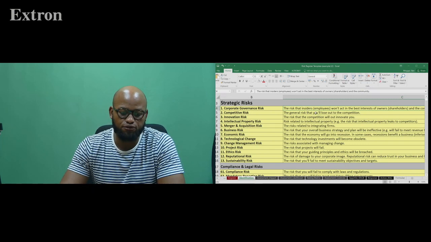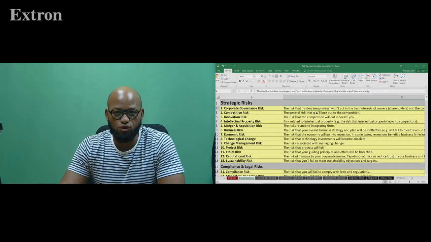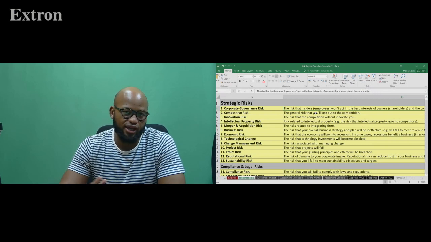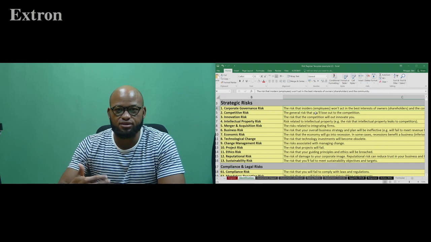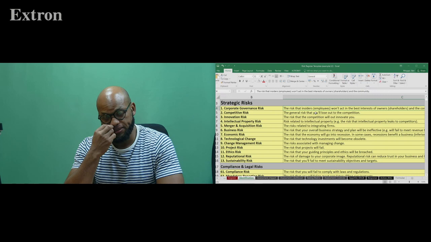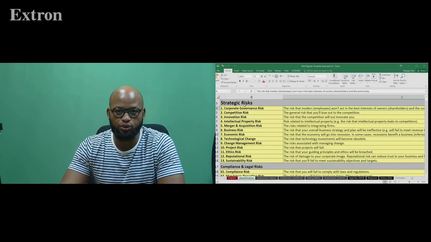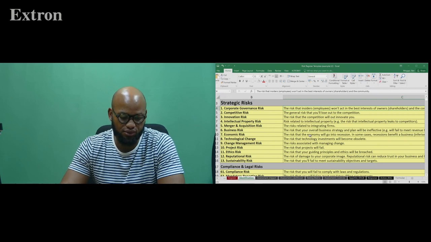We have had a few corporate scandals in the last couple of years where CEOs and CFOs were involved in some sort of fraud, which resulted in layoffs of people at very low levels of the organization. That's why strategic risks are so important: they affect the entire business as a whole, so we have to keep an eye on these risks.